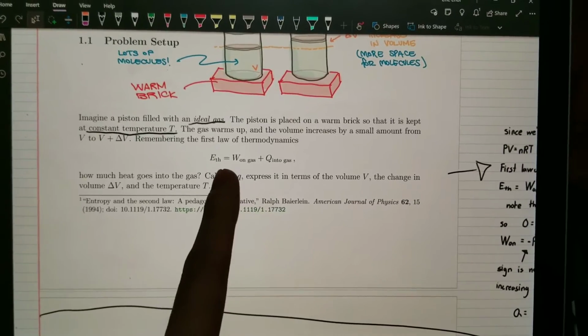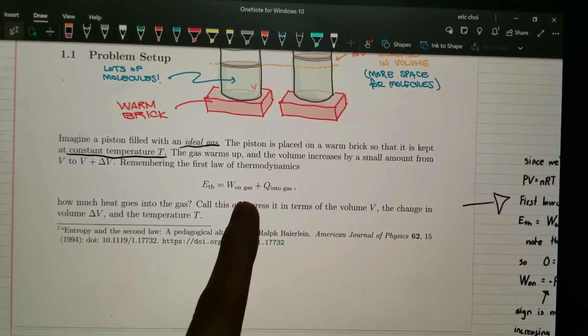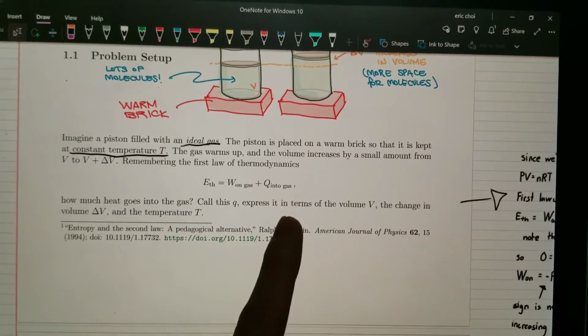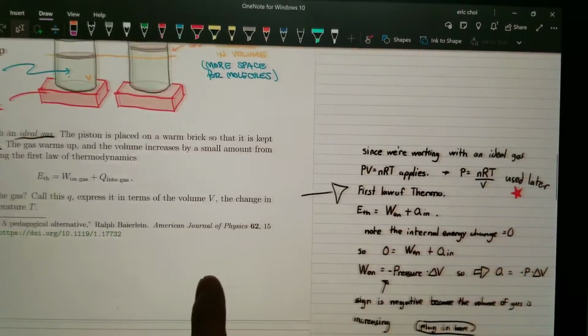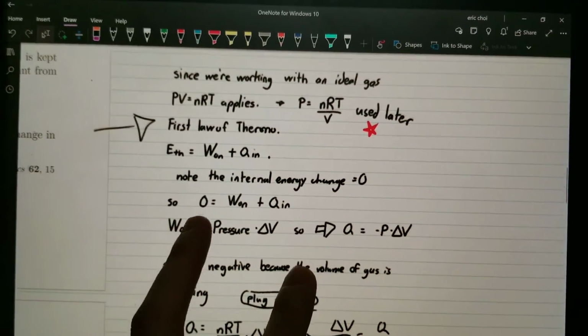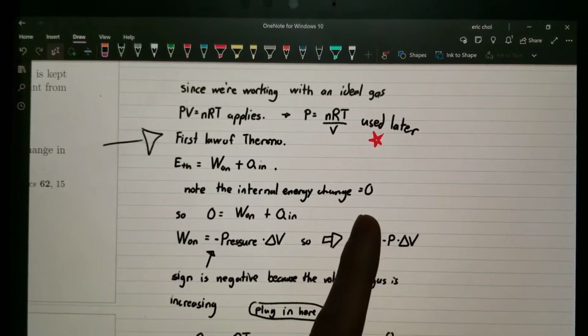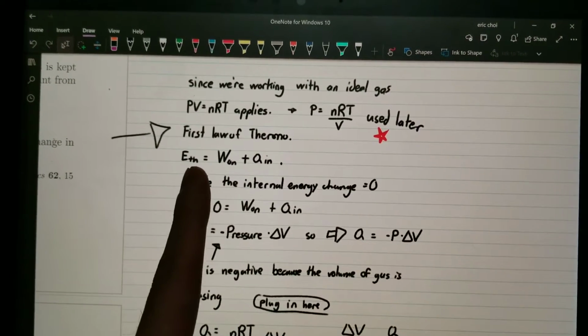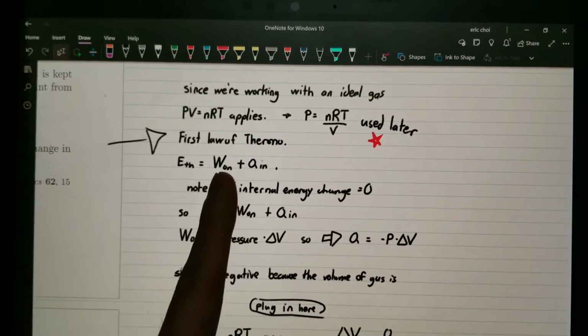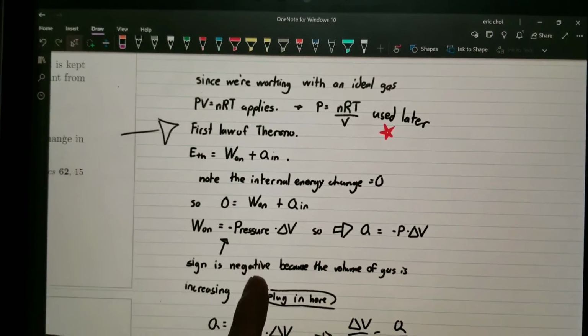And the relevant information for this problem is that E thermal is equal to the work on gas plus Q into gas. Now, if we actually tried to solve that out for this situation, we know because of the description earlier that the internal energy change is 0. So E thermal is 0, and we just have to find the work on the gas and the Q inside.